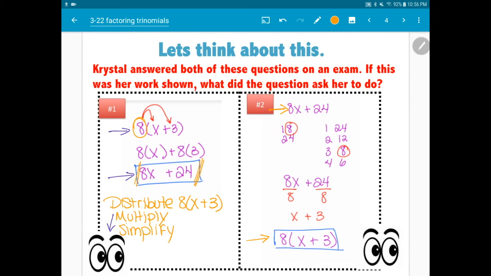Now, number 2 is taking something that's already condensed and making it expanded, or taking something out. That question would have said to factor or reverse distribute. All right, so I hope the difference between those two is a little clearer.